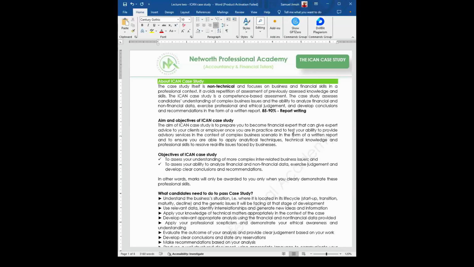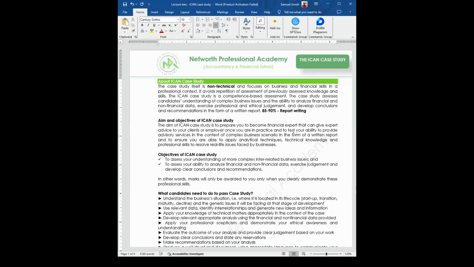So case study is not to test those aspects. Case study is to test your ability to solve real life business issues, issues that affect businesses, and make complementary recommendations and solutions to these issues that you have solved.